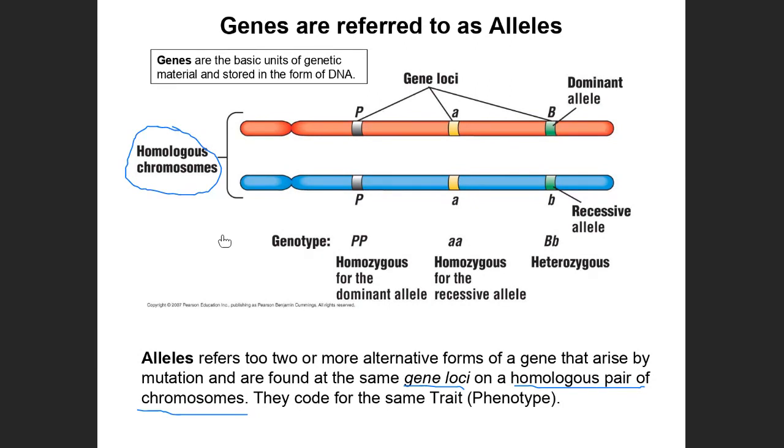If we compare a human female and a human male karyotype, what are the minimum number of chromosomes that should be homologous in those two karyotypes? Yeah, 22, right? So we're going to focus on these 22, which are known as autosomes.